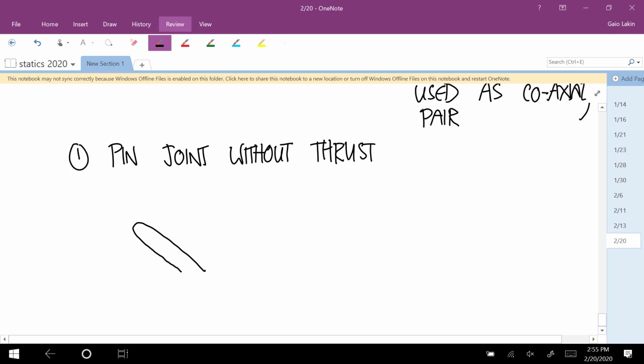So you have one object here, connected to another body here. And they're connected by a pin that goes through. Okay. You with me on this?